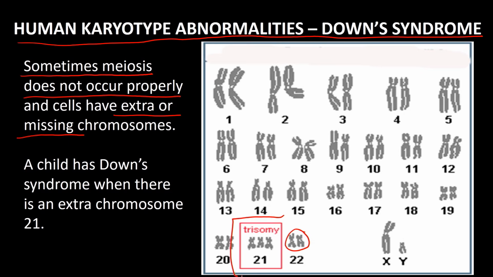Now, a very common example, which you've probably heard of, is trisomy, which means there's 1, 2, 3 chromosomes in what should be pair 21. And when that happens, we say the child has Down's syndrome, which is one of the most common chromosomal problems that there are.